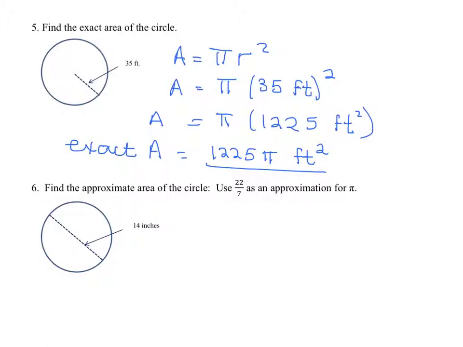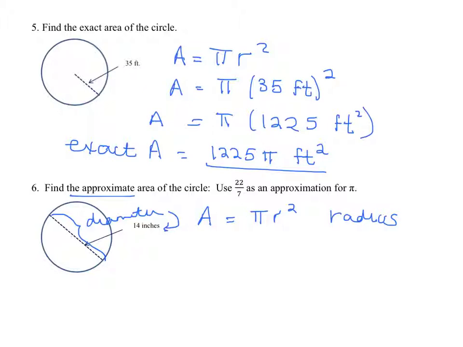For number 6, we're going to find the approximate area of the circle. We start out with the formula, and we need the radius. This entire thing is the diameter, and that is 14 inches.